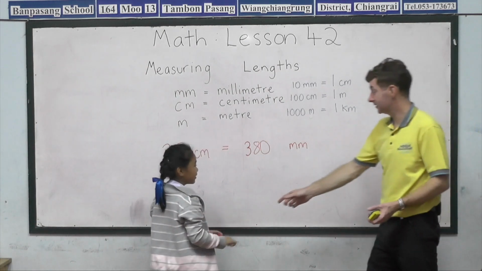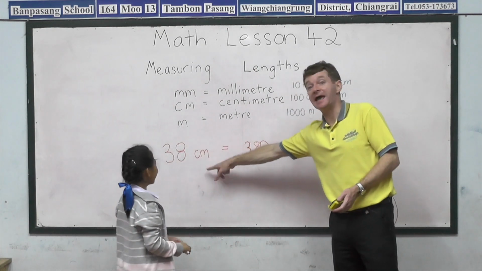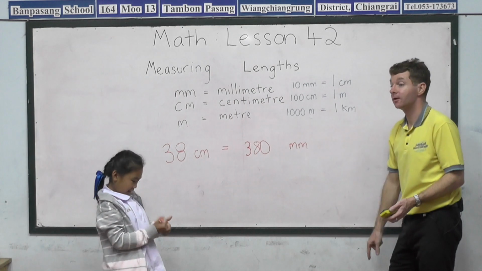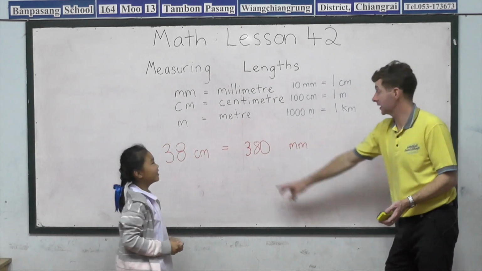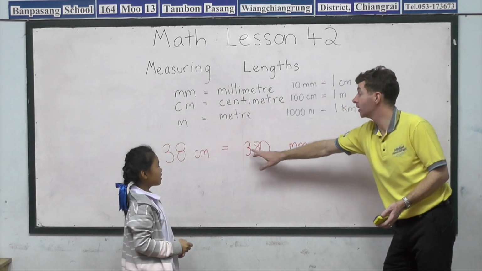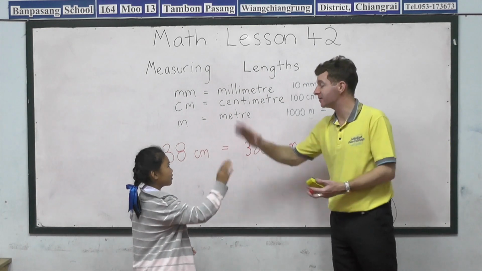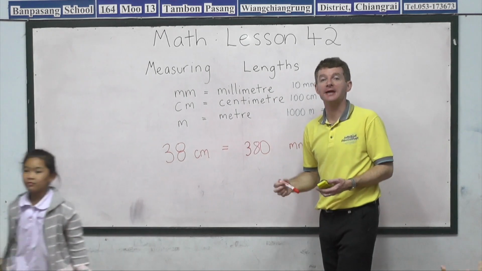You see? So what's the answer? 38 centimeters equals 380 millimeters. Can you say 380 millimeters? Excellent. Well done. High five. Round of applause for Nadia.